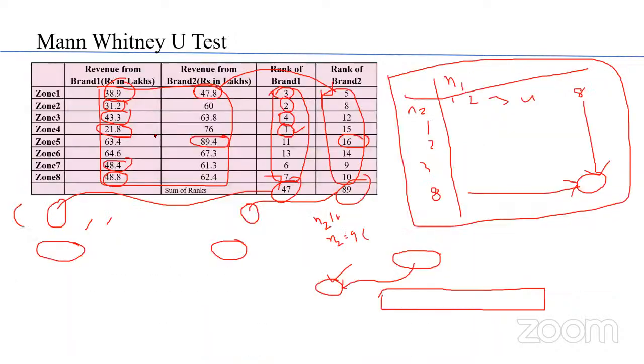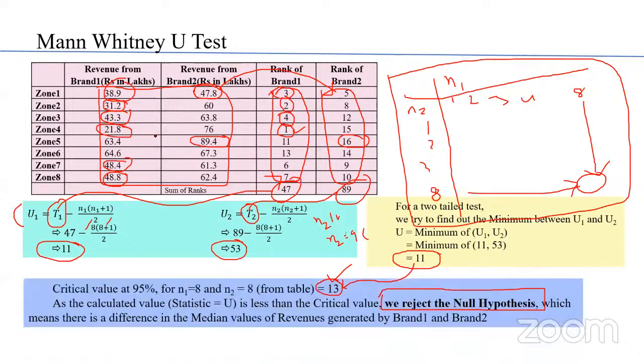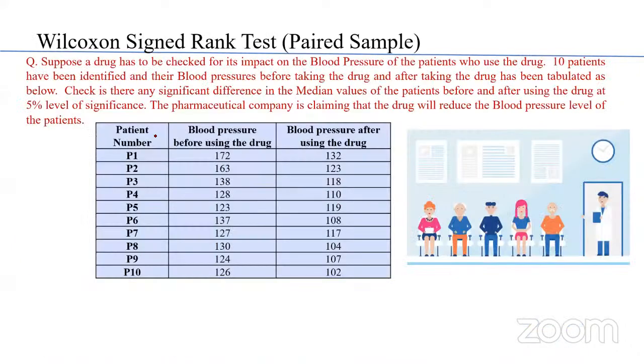Fine. So next is the Wilcoxon signed rank test. This is for a paired sample. Since it is a class, I've separated it in the heading itself as a paired sample, but in an exam or any test, probably we might not be given such a hint. If any doubt, you can ask me.